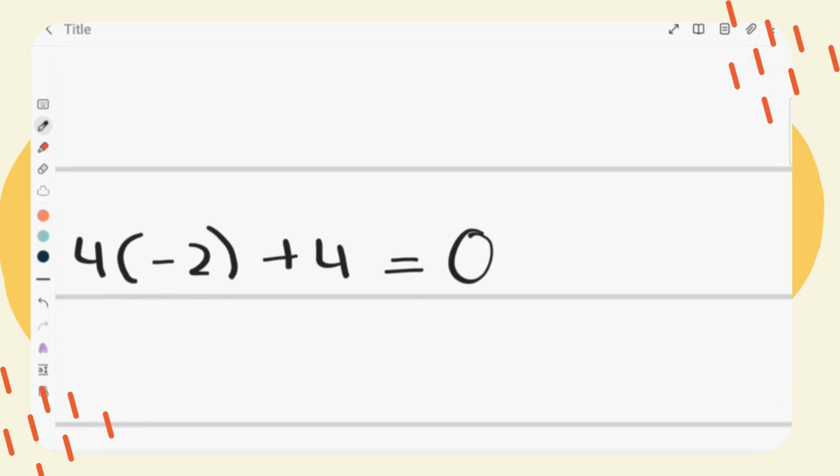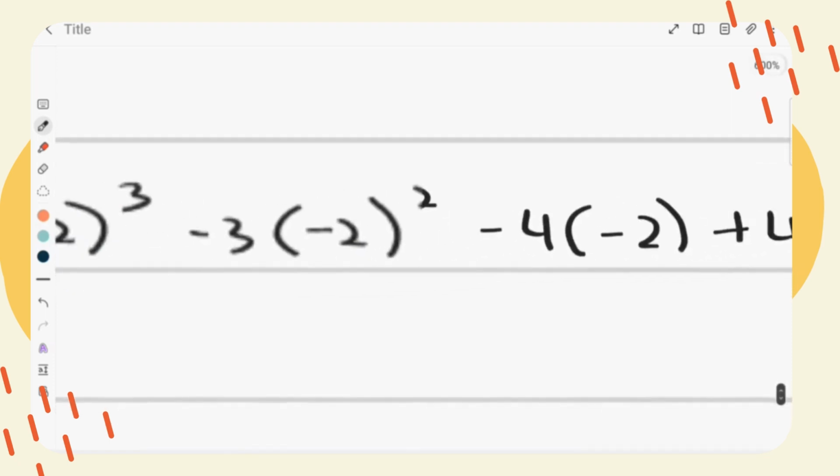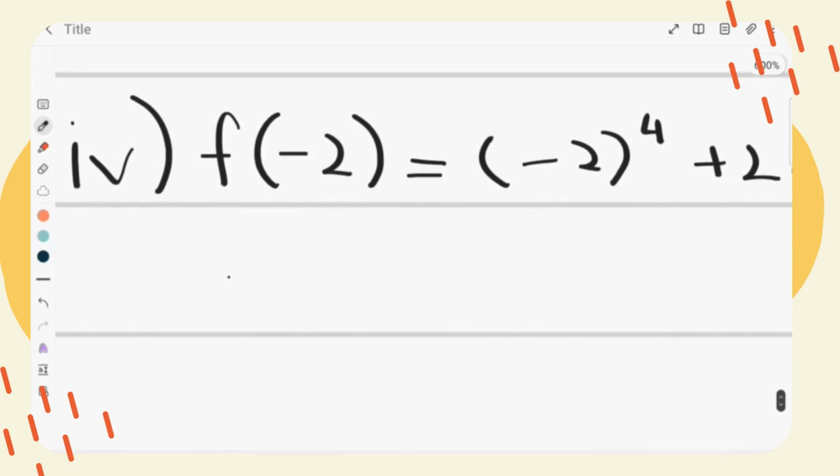So the y value if x is -2 is 0. We're going to do the same way for -half and 1.